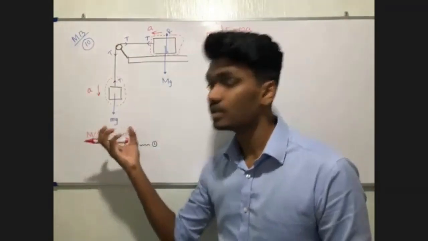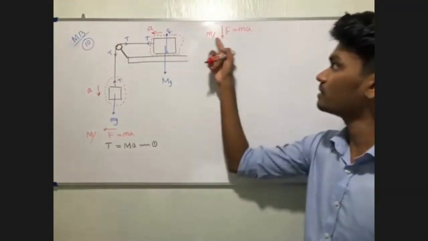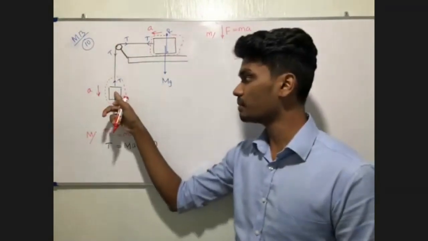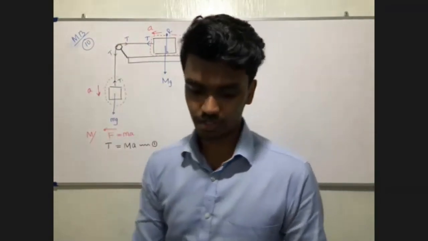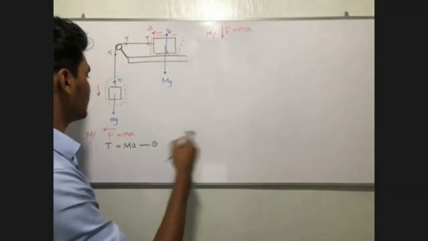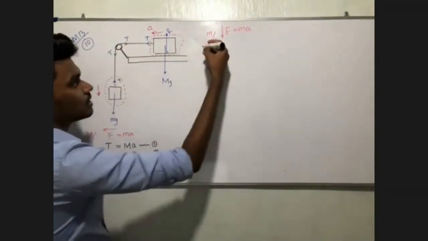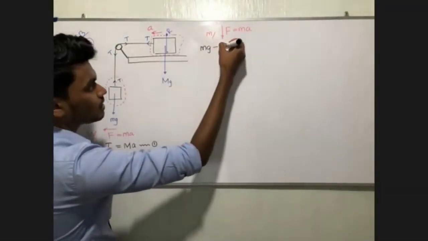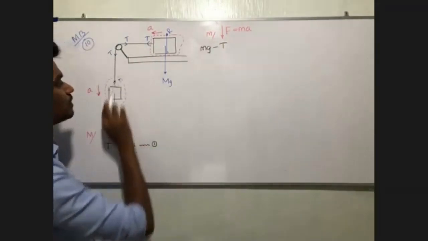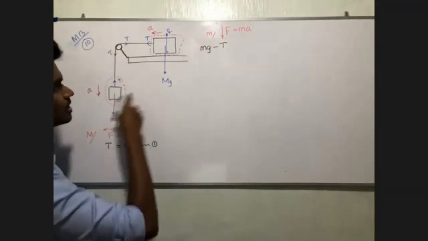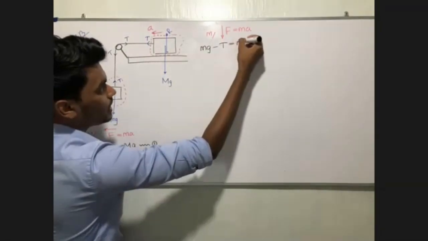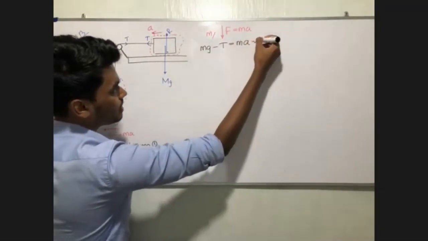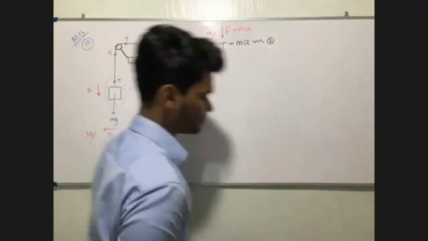Therefore, we apply F equals ma to the mass simple M in the downward direction. Okay. What is the downward force? mg. What is the upward force? Minus T. Downward force is mg, the mass is M, the acceleration is A. This is the second equation.